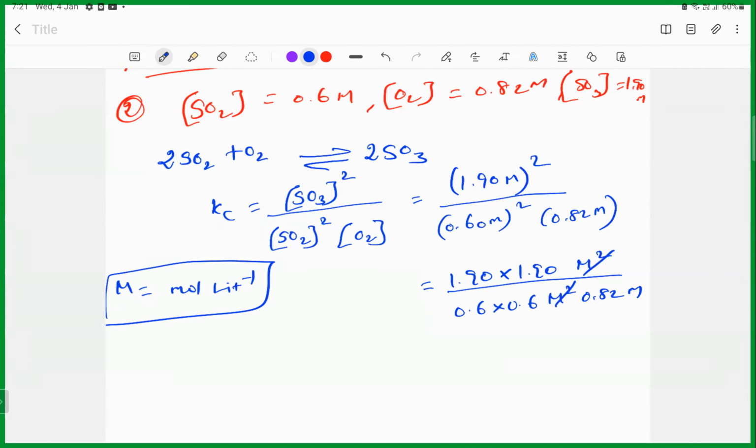What is the answer? What value are you getting? Are you doing the calculation? So, 1 minute.